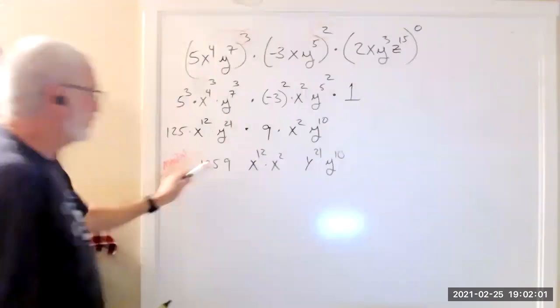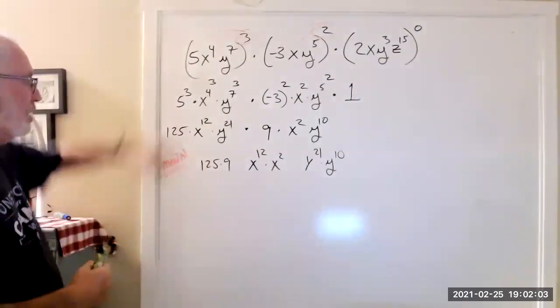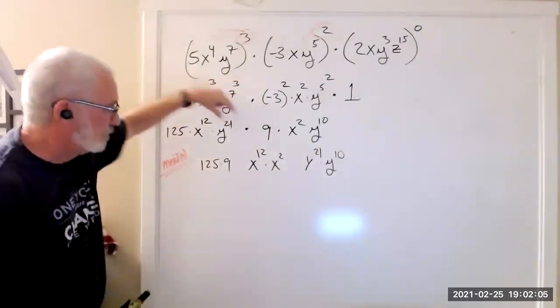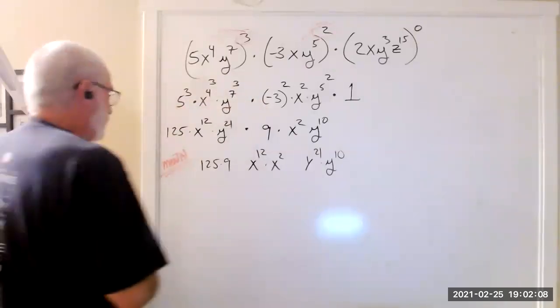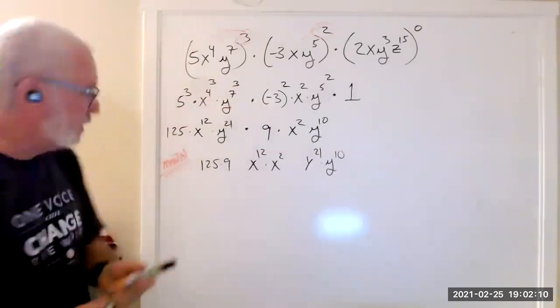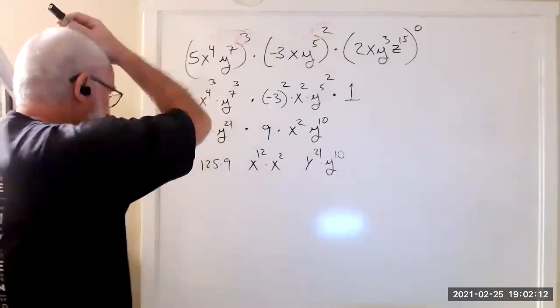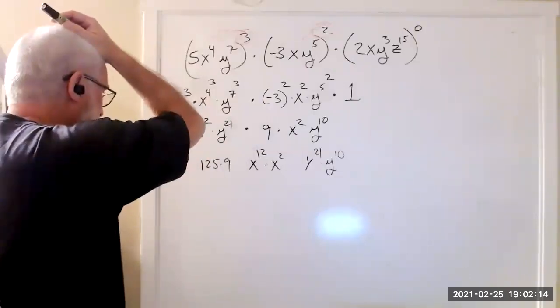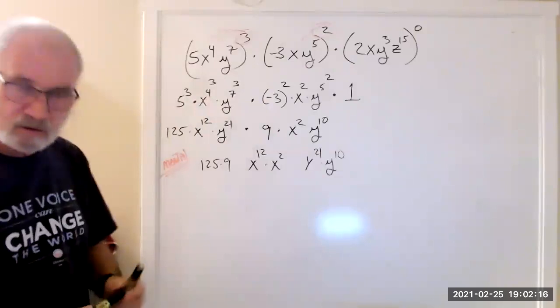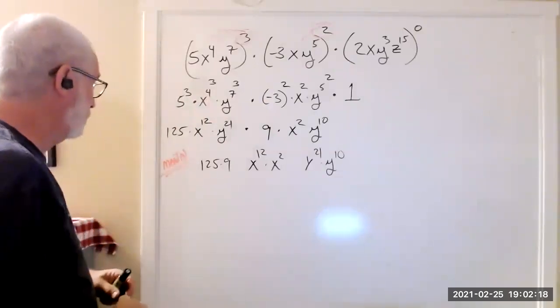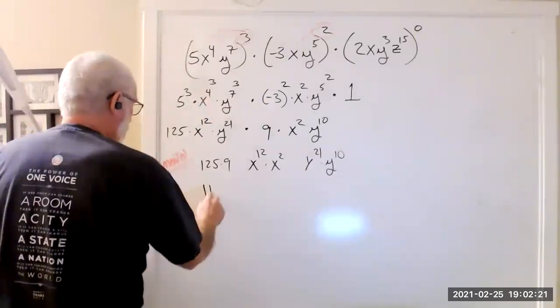So this is a mental step. You see number times number, x times x, y times y. I don't know what 125 times 9 is. 1125. Did I get it right? Yeah. Oh, I'm good.